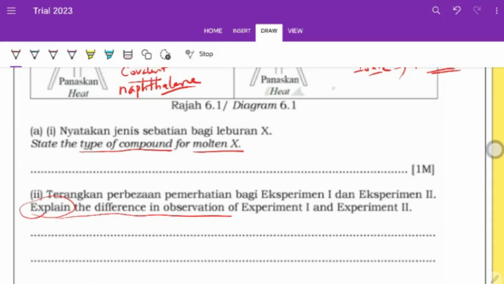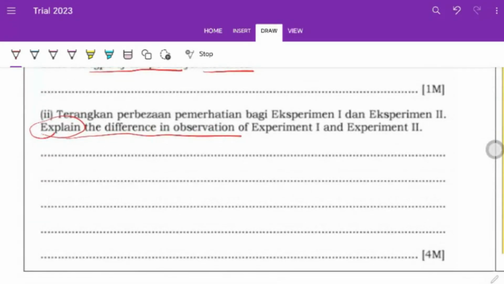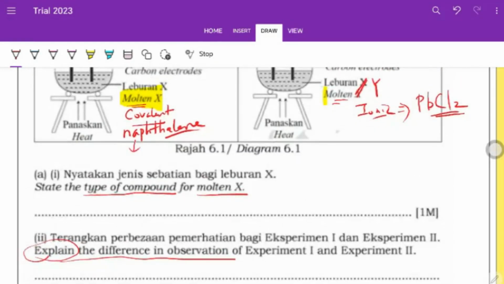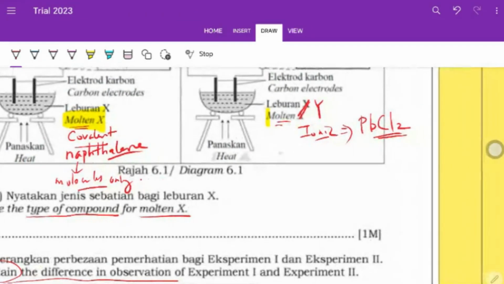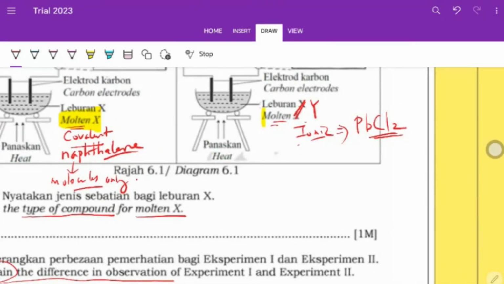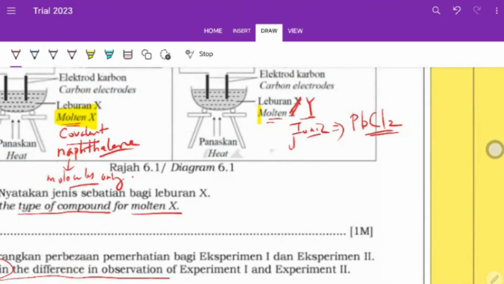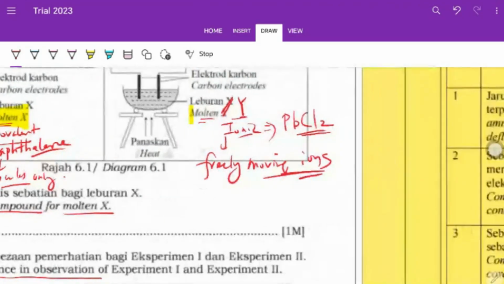I hope all of you know how to answer this. This one consists of molecules only, or you write no freely moving ions. Then Y has freely moving ions. I hope all of you remember this now.